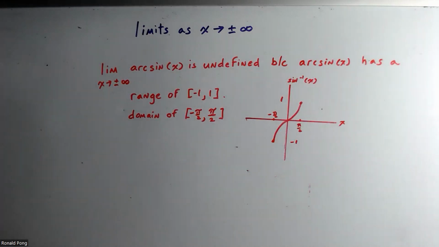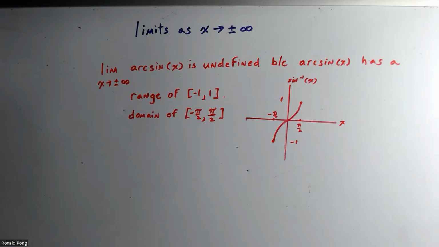The limit as x approaches either positive or negative infinity of arc sine, also known as inverse sine, of x is undefined. This is for the simple reason that the inverse sine function has a domain of -1 to 1, and a range of negative pi over 2 to pi over 2, both inclusive, and therefore does not extend to negative or positive infinity.